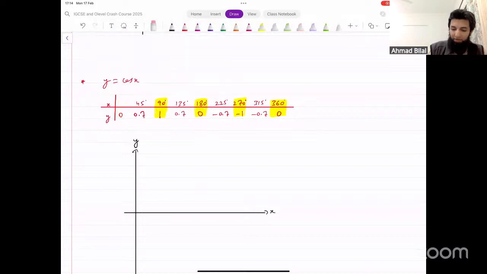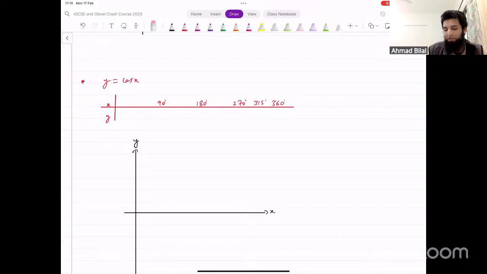But let's learn how to draw it without taking so many values and just do it using a few values instead. So instead of taking values at 45 degrees intervals, I'm going to take values at just an interval of 90 degrees.